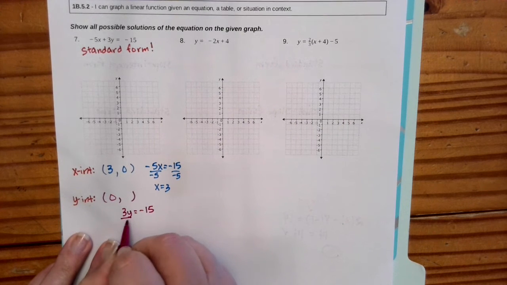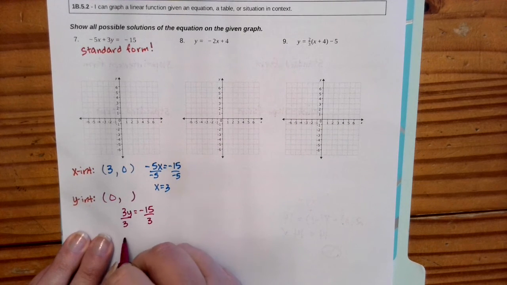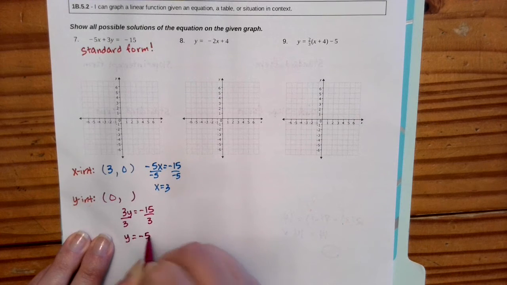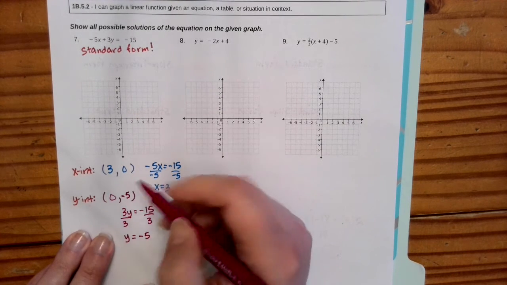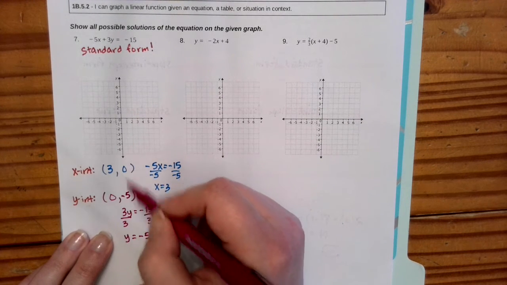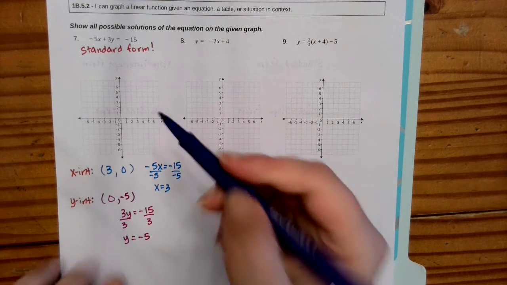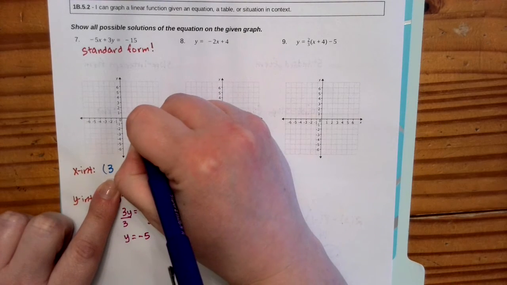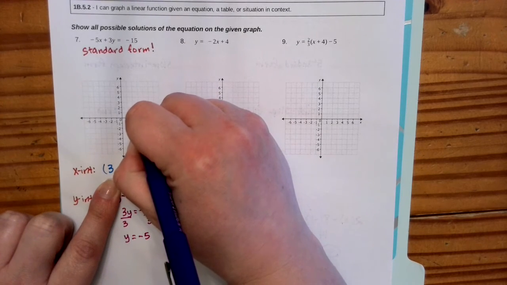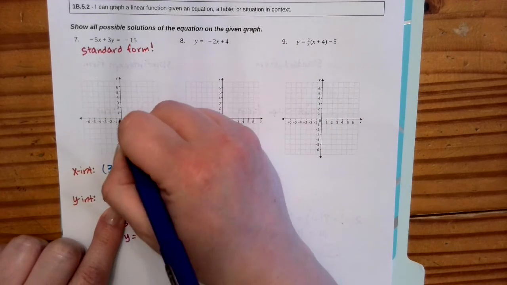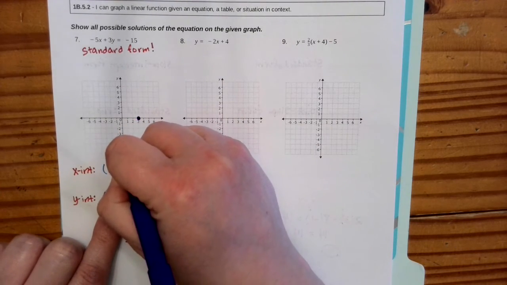So now I'm going to divide both sides by 3, and I get y is equal to negative 5. So now these are the 2 points that I'm going to put on my graph and then make my line. So 3, 0 is the point right here, and 0, negative 5 is right here.